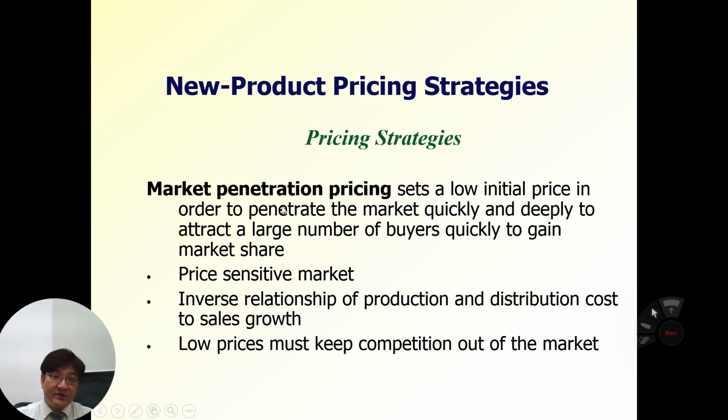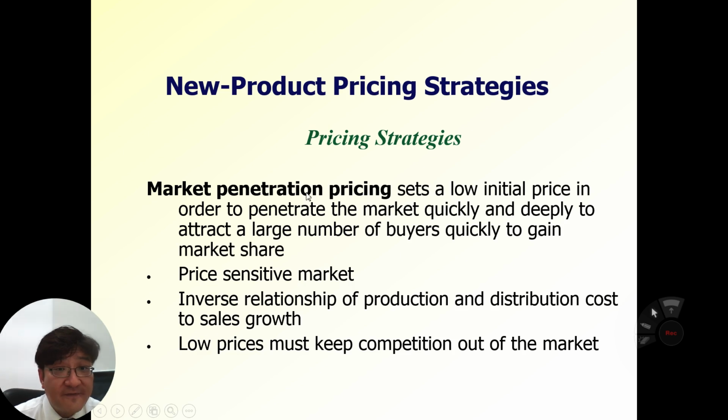In market penetration pricing, there is an inverse relationship between production or distribution cost and sales growth, in terms of the learning curve. Like I said, if you make a large number of products, you can actually lower the cost.